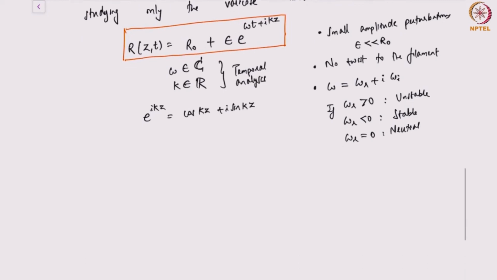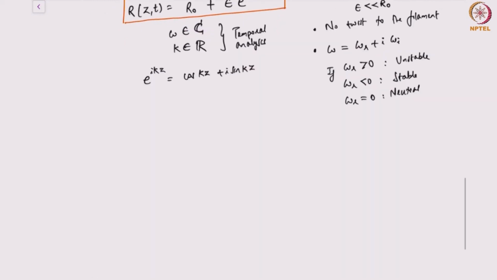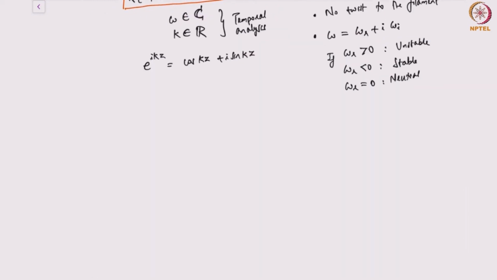So what's the goal? I've written down e to the power i k z as cos kz plus i sin kz. I'm deliberately skipping writing the real part of this perturbation every time because it's assumed to be real. The goal is to obtain the dispersion relation.